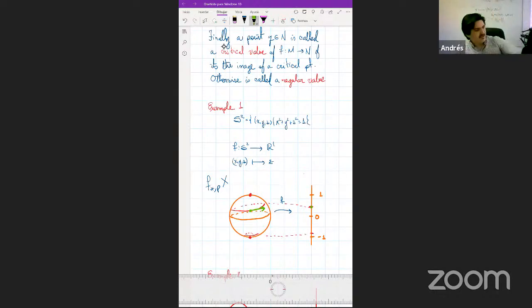Now, if you take any other vector which is not in that one-dimensional set, this one or this one, the differential is not going to be 0. You will get some vector like this, more or less.